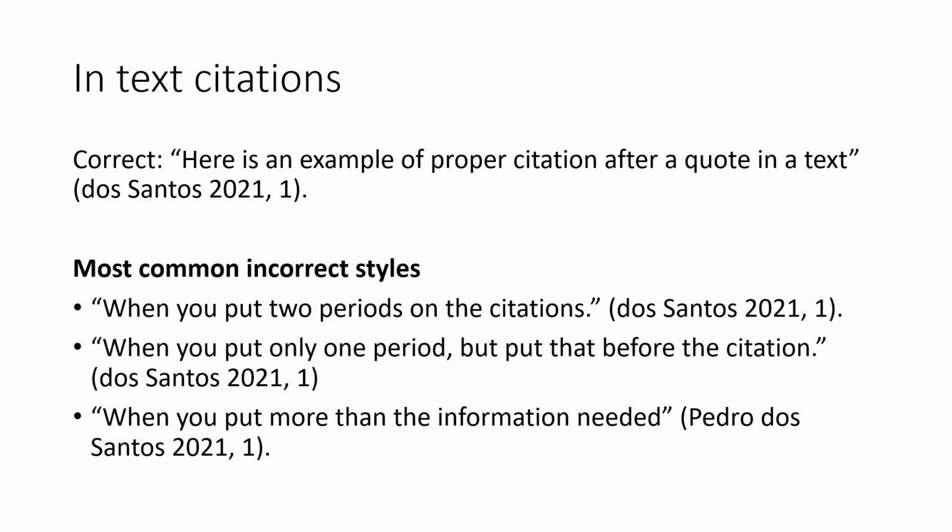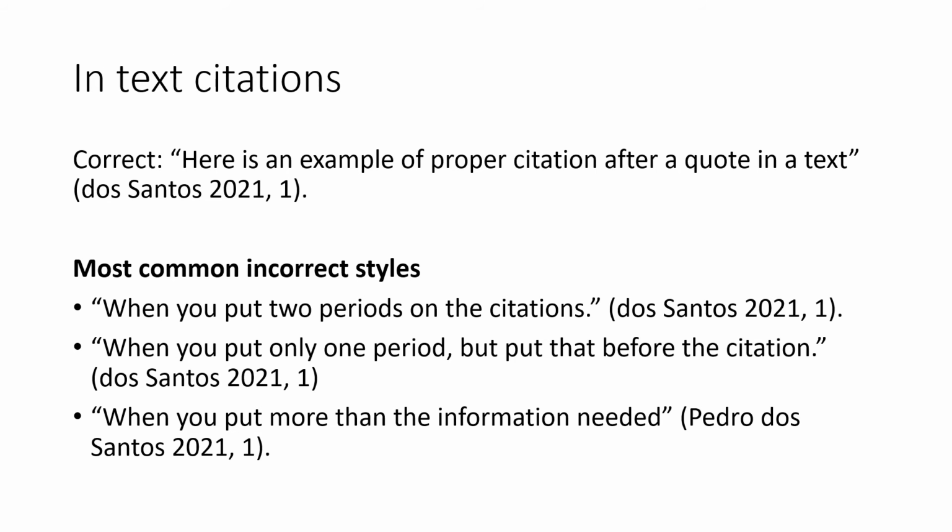So here's an example of a correct citation. The whole sentence is in quotation marks. Then you create a parenthesis with last name, year, comma, page number. That's it. Then a period, and that's the correct way of doing it.